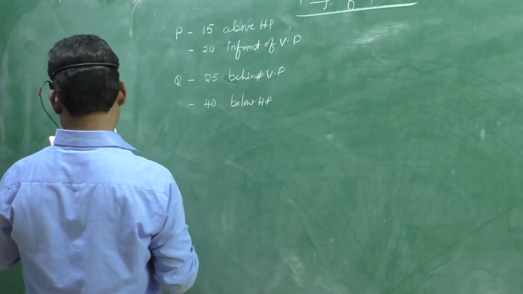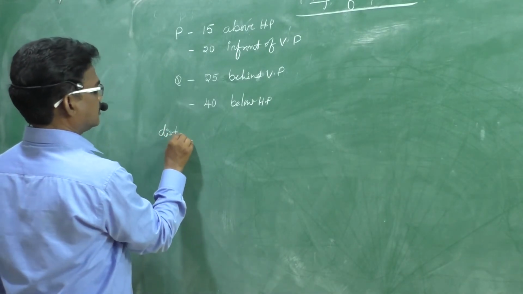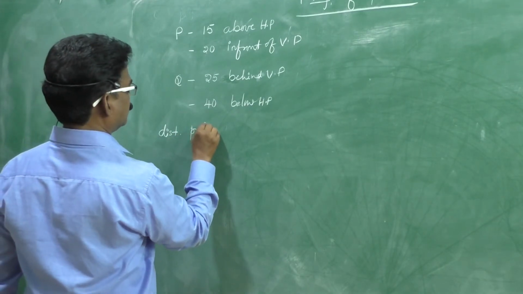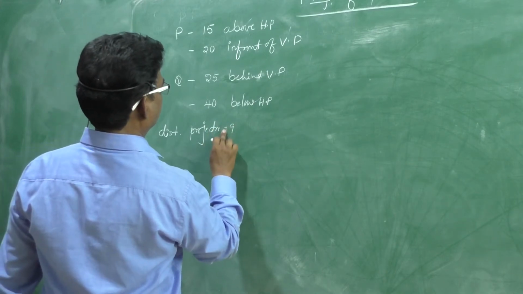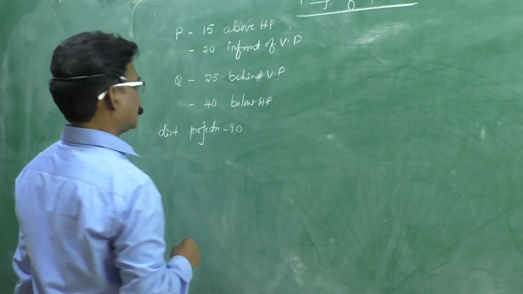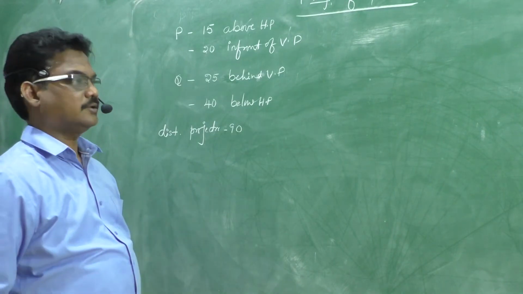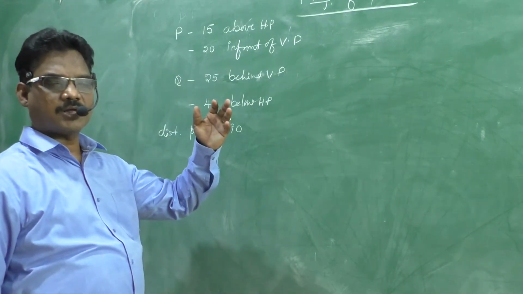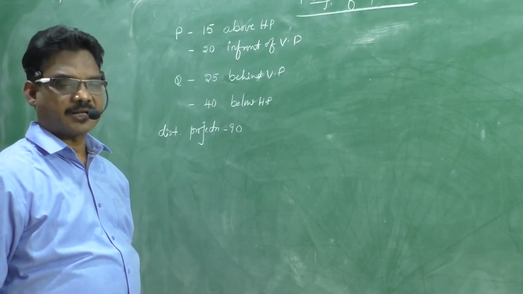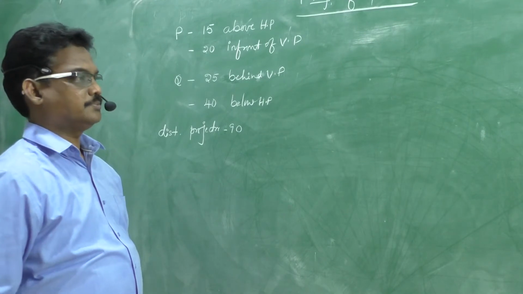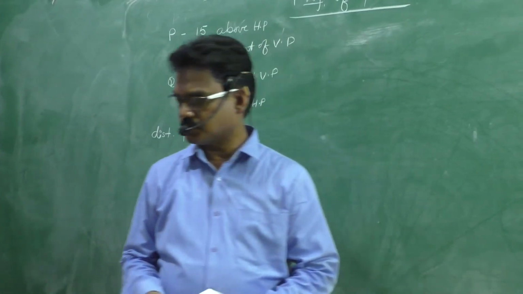And the distance between the projectors of P and Q is equal to 90 mm. Right. Draw the projections as well as draw the lines between both front views and both top views. This is a beautiful problem which gives a concept related to the projection of lines. Right. First, try to imagine where these points are.